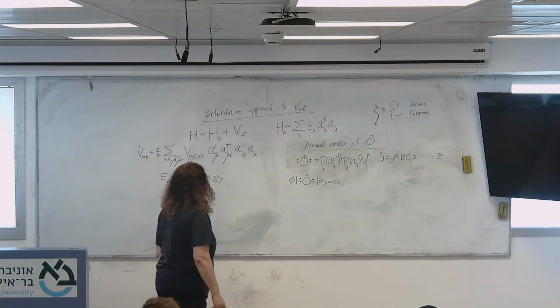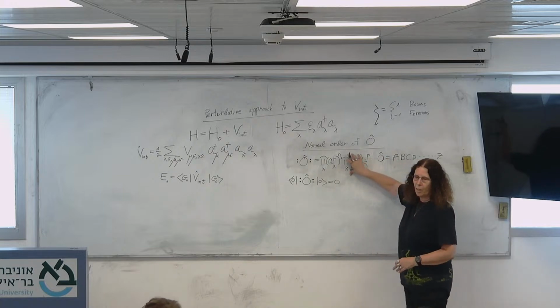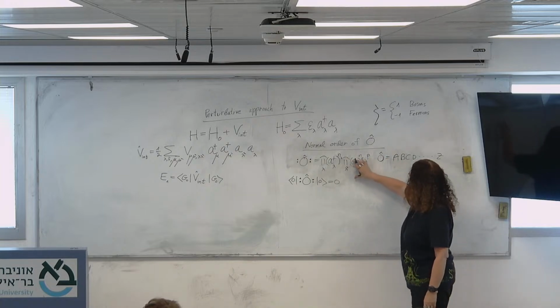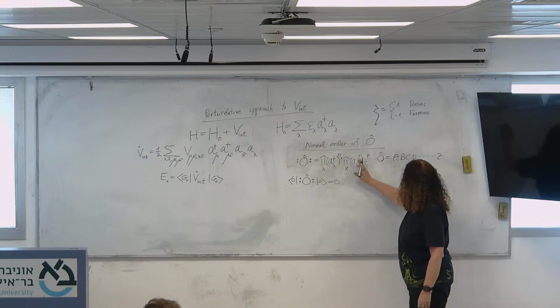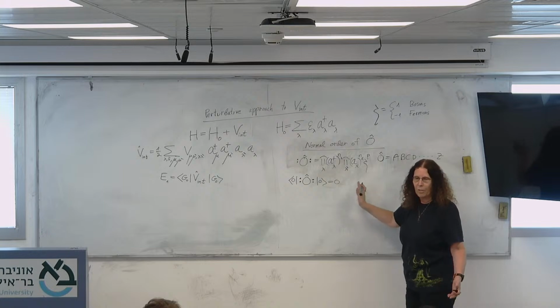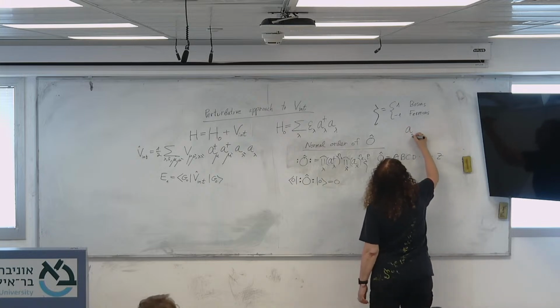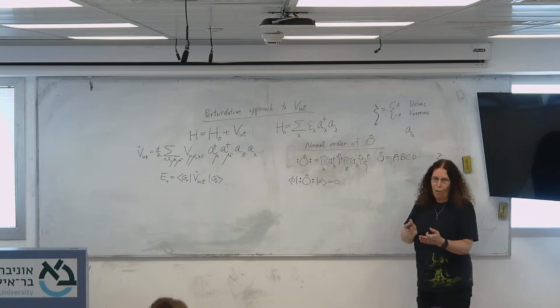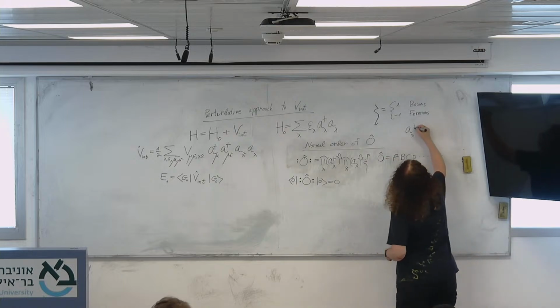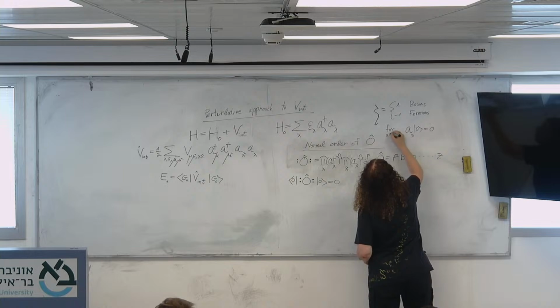Because all the annihilation operators are on the right, they act on the vacuum. Actually, as soon as I apply just the first of them on the vacuum, I get 0. Okay, I remind you that a vacuum with respect to a set of operators is defined so that this is 0 for all lambda. Okay?